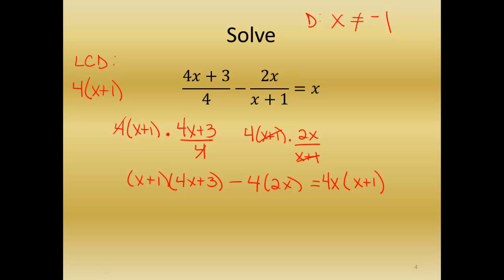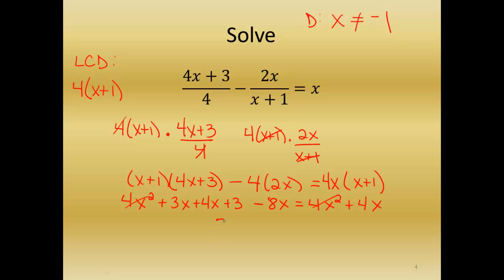Now I do need to distribute, and so I get 4x squared plus 3x plus 4x plus 3 minus 8x equals 4x squared plus 4x. I do get a quadratic, but in this case the quadratics on each side are going to cancel each other out.